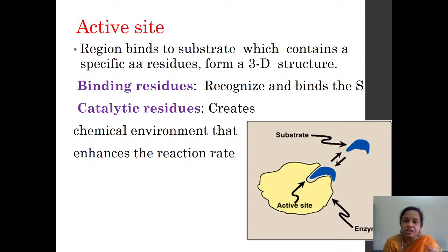The binding residue recognizes and binds to the substrate, and the catalytic site creates a chemical environment that will enhance the reaction rate. That chemical environment is required to decrease the activation energy, and it is provided by the catalytic residue.